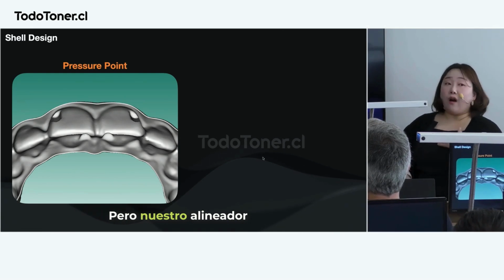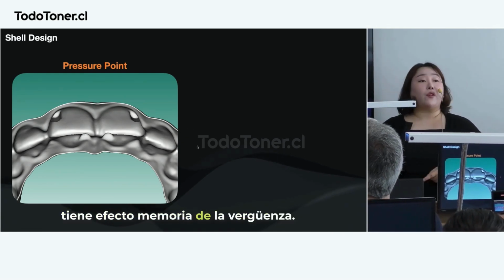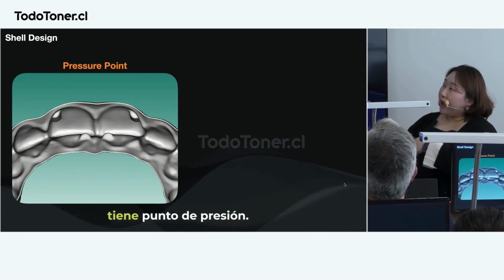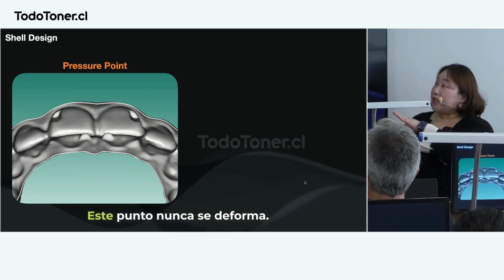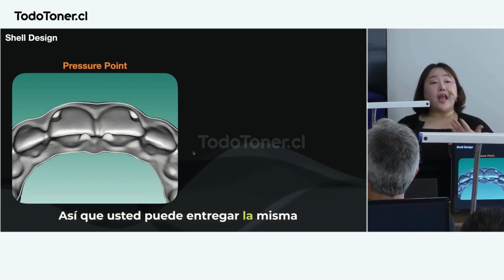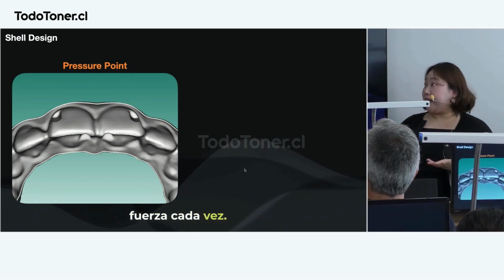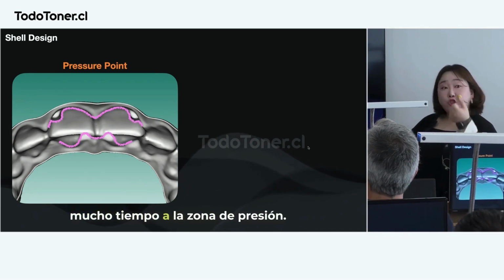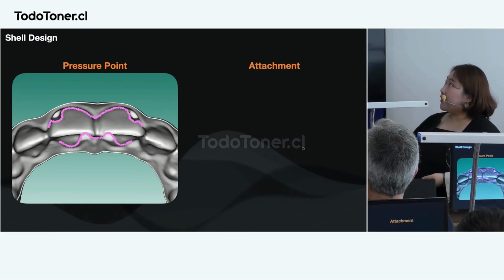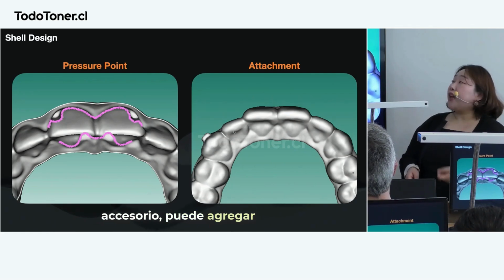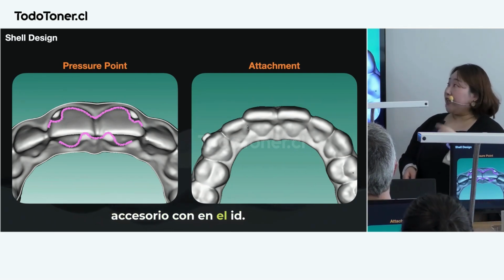But our aligner has a shape memory effect. Even if your aligner has a pressure point, this point never deforms. So you can deliver the same force every time. And you don't need to spend much time on the pressure area. And if you want to use attachments, you can add attachments on the AD.